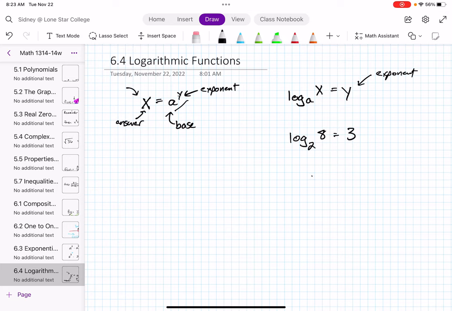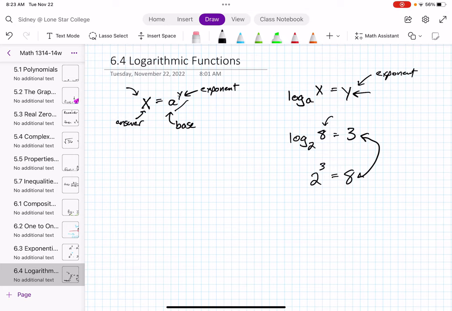Log base 2 means 2 is our base. Right here, what we're looking for is the exponent. So that's 3. It goes back right up there. The answer to all this stuff actually multiplied out goes right there. 2 to the power of 3 equals 8. These are equivalent understandings of a mathematical relationship, just written a little bit differently. Log base 2 of 8 equals 3.